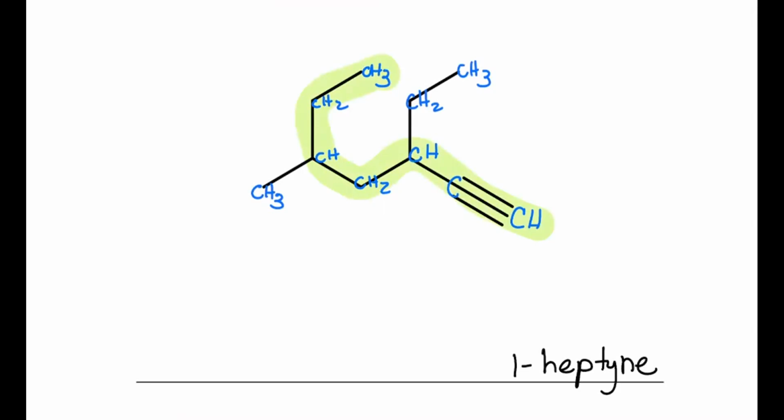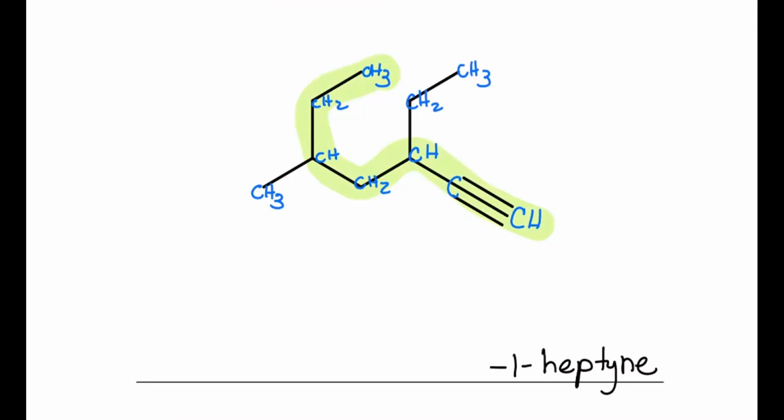If this is my longest carbon chain, then what are the names of my substituents? Great job. Make sure when you guys are doing these at home, specifically for the exam, you come up with your name. And if you see in the drop-down menu, your answer is not in it, then there's something that you're not doing correctly.